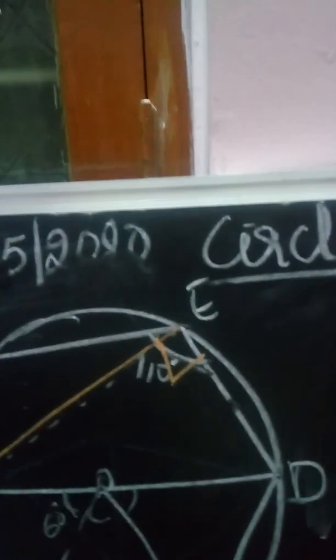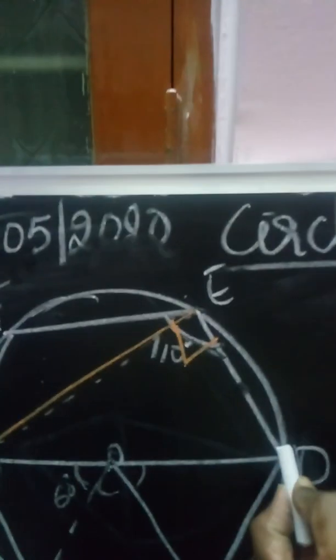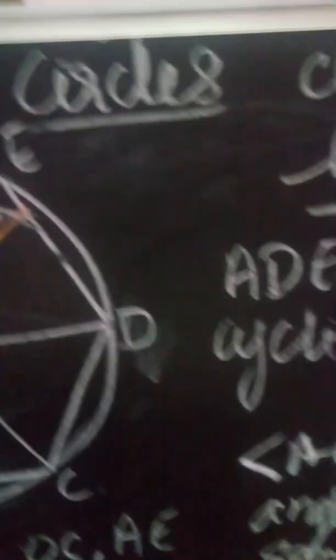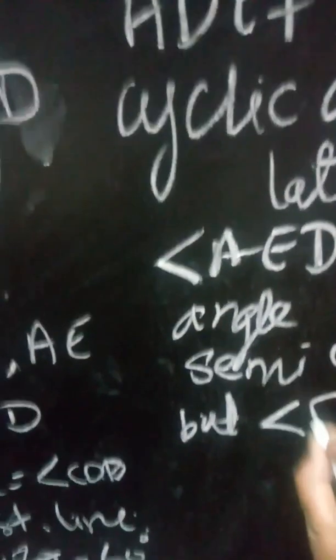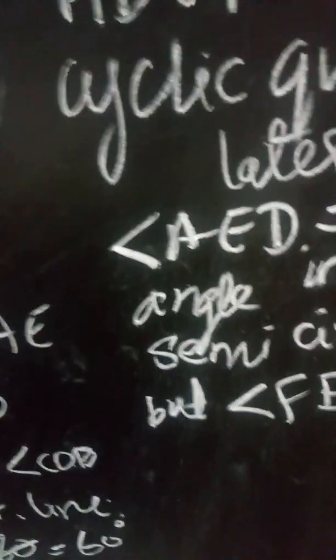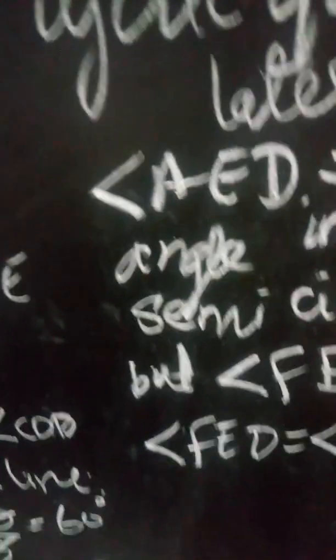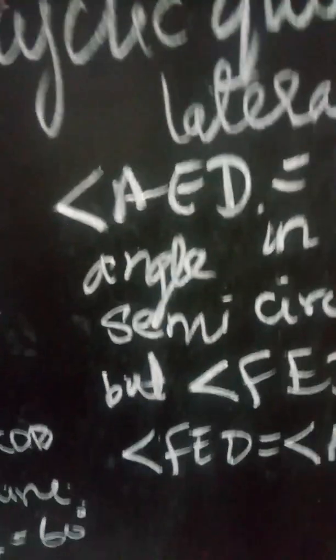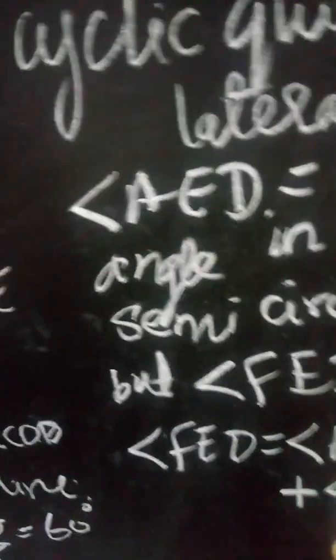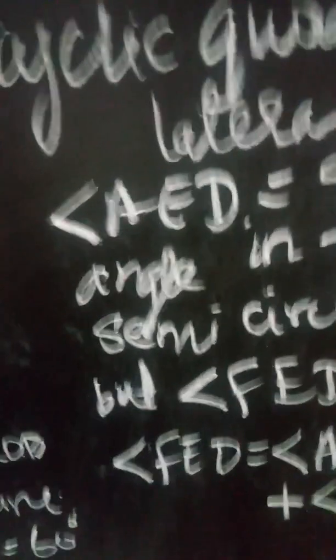Okay, now angle FED is 110 degree. Now FED is made up of two angles, AED and AEF. So angle FED is equal to angle AED plus angle AEF.